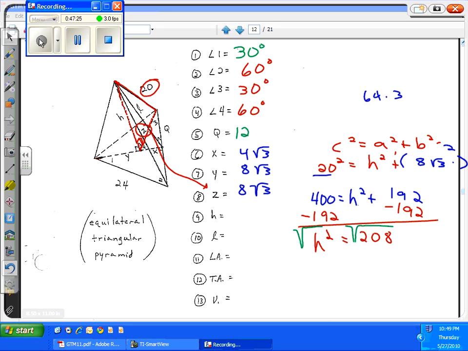Let me back up somewhere where it's going to work for me. 208 divided by 2 is 104. Divided by 2 is 52. Divided by 2 is 27. Divided by 3 is 9. Divided by 3 is 3.